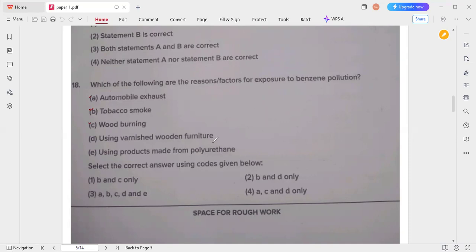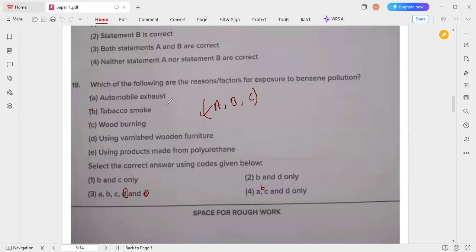So A, B, C options are correct for this question, but they have not given the combination of A, B, C. Along with A, B, C, they have given D, then E. So somehow a mistake is there in this question.